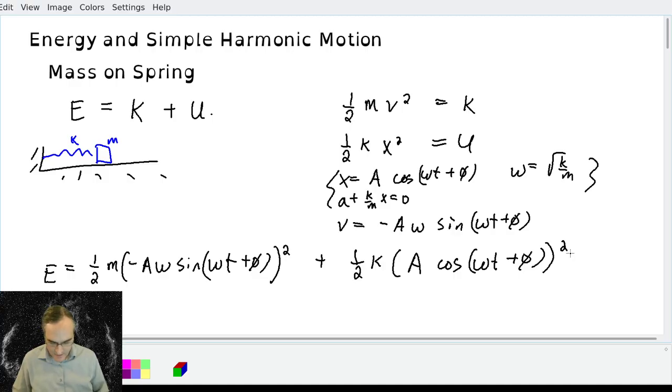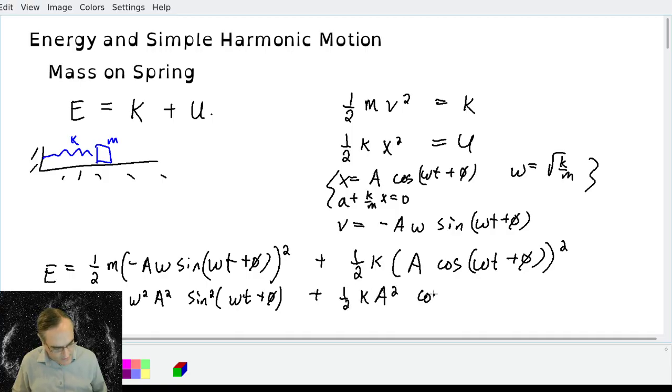Alright, if we simplify this out, we're going to have 1/2 m omega squared a squared sine squared of omega t plus phase plus 1/2 k a squared cosine squared omega t plus the phase.